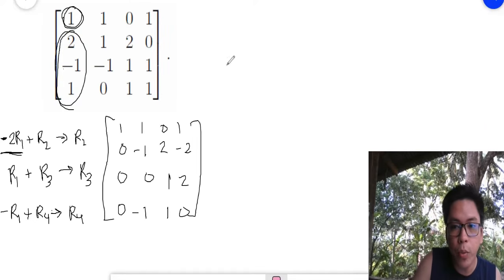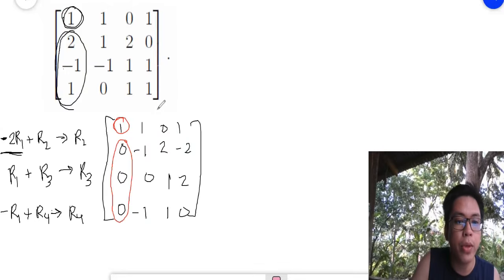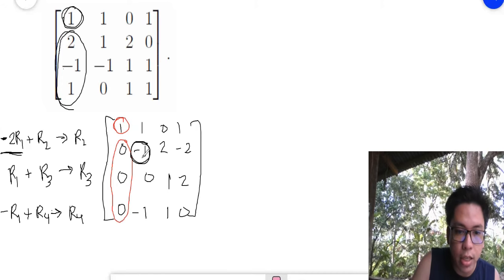So in this case, we were able to achieve that this is the leading one here. This one here is the pivot. And then we will proceed with the next. We will have to find the pivot on row 2, column 2. So in this case, I'm going to reverse the sign here.